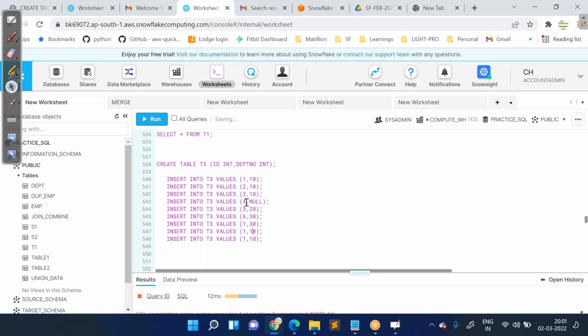So 30, sorry, 60, 70, 9, 8, 7. This is the data we have in table 1.